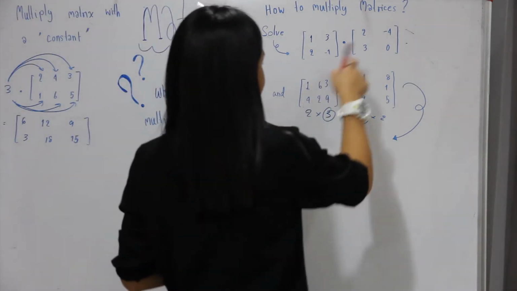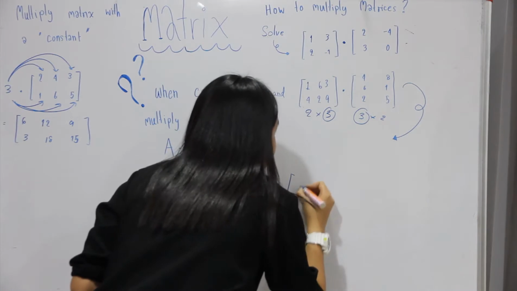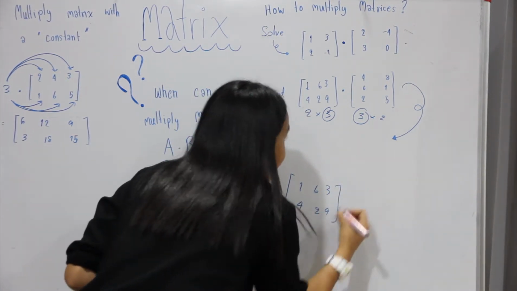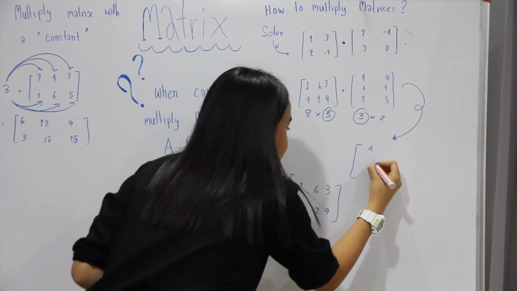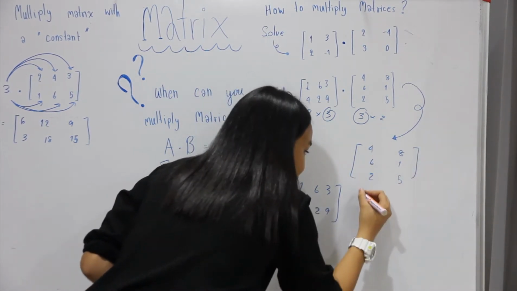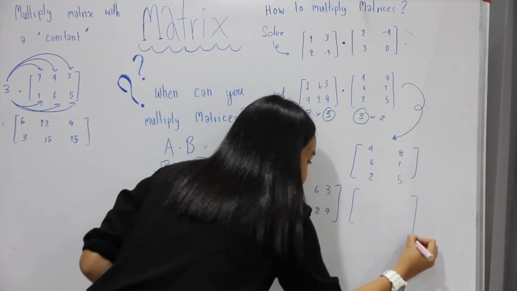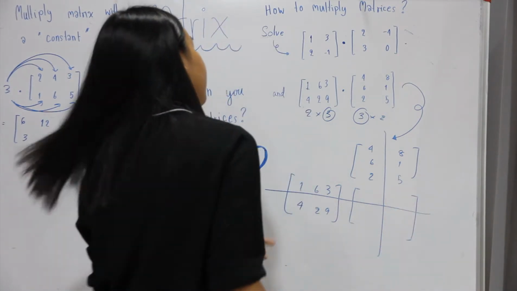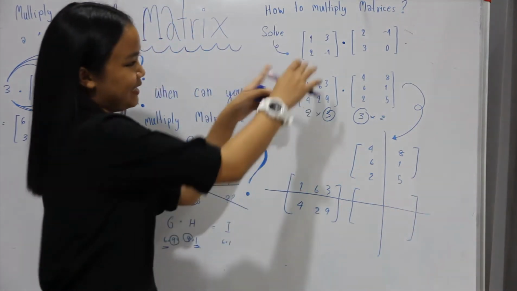I'll do the same thing as before, putting my 1, 6, 3, 4, 2, 9 and my 4, 6, 2, 8, 1, 5. Draw the same line as we did. So it's not as easy as this one.